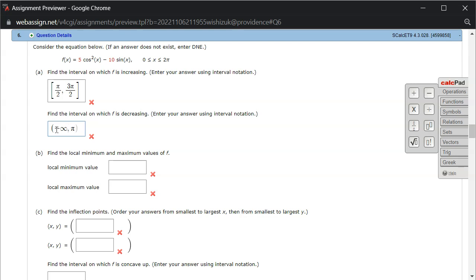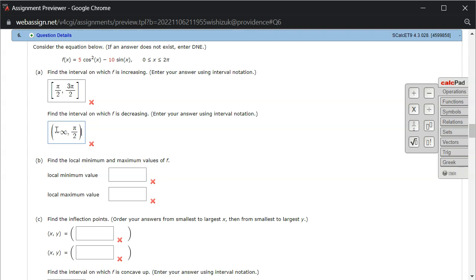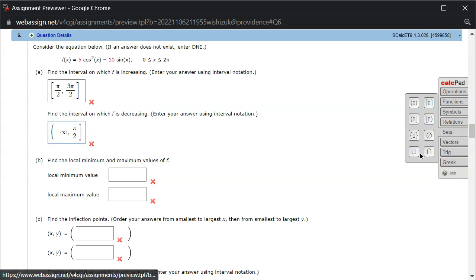Put the bracket, and then the union set notation here, union, and then starting from 3 pi over 2 to positive infinity. All right, so we have that.